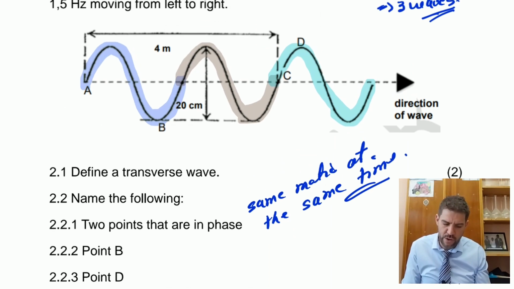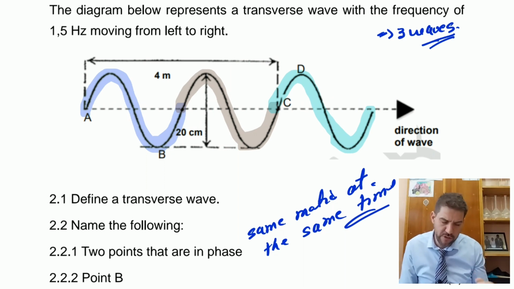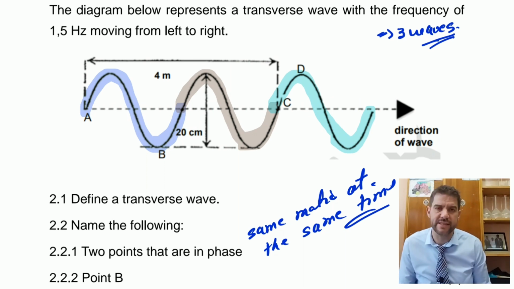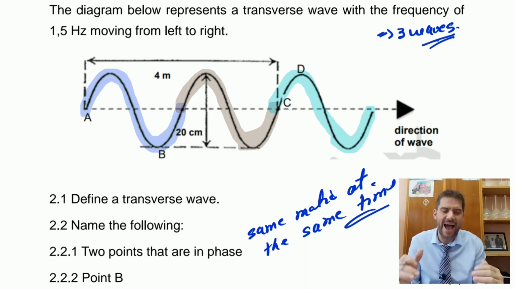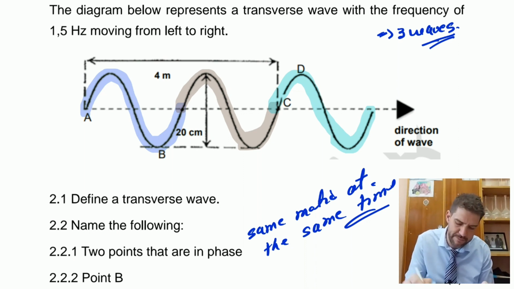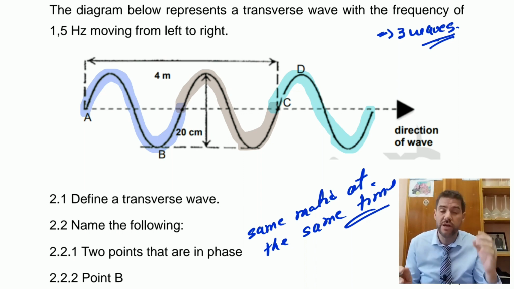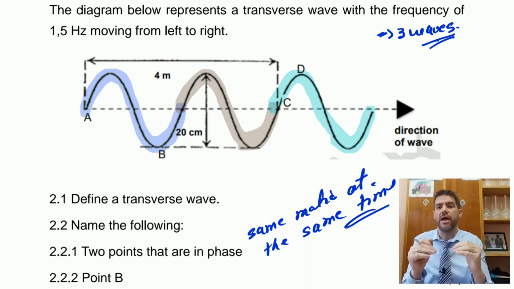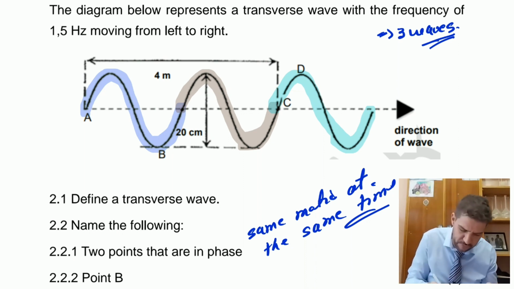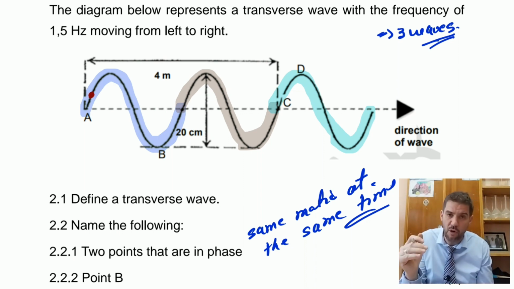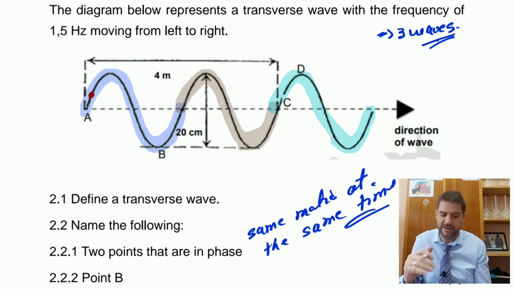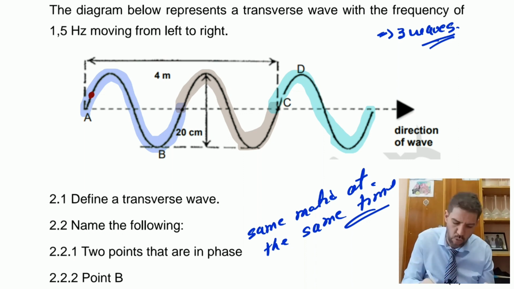So points in phase are points that have the same motion at the same time, first of all, and second, they are separated by one wavelength. For example, if you have a point here, the closest point that is going to be in phase with it is one wavelength away.